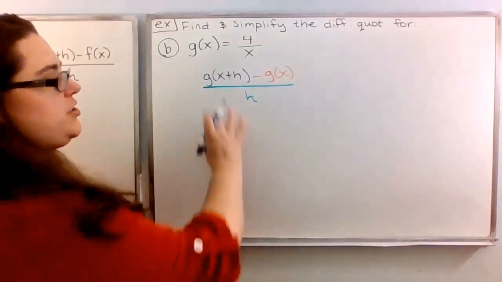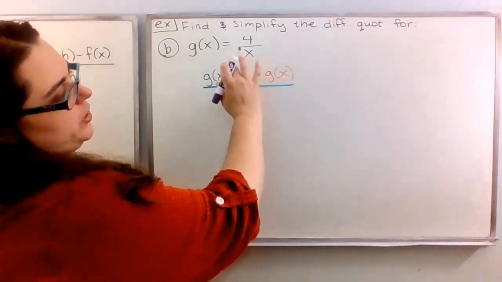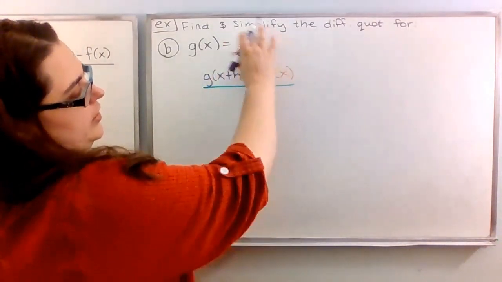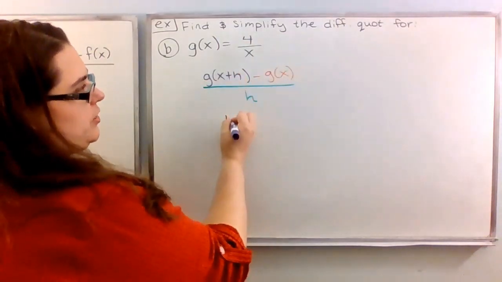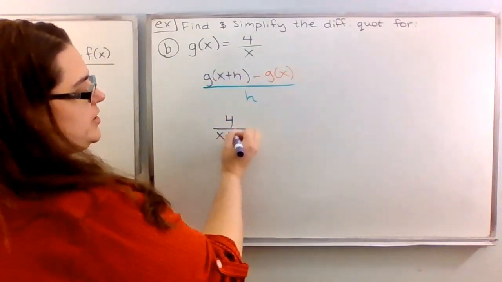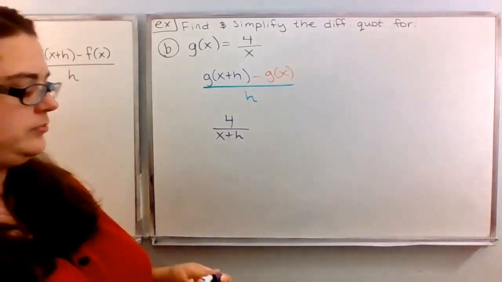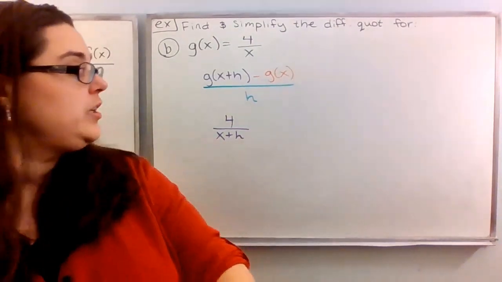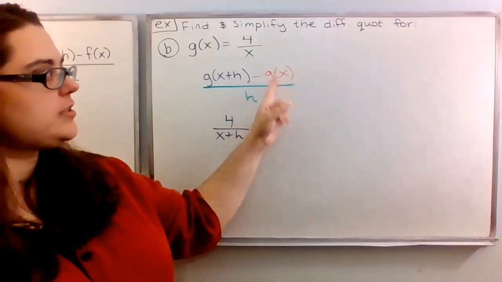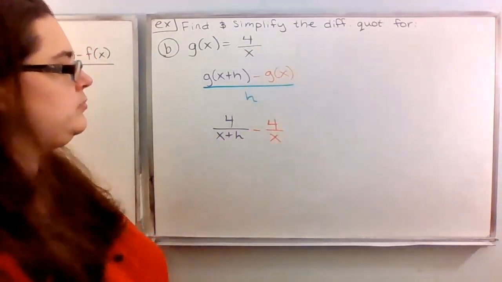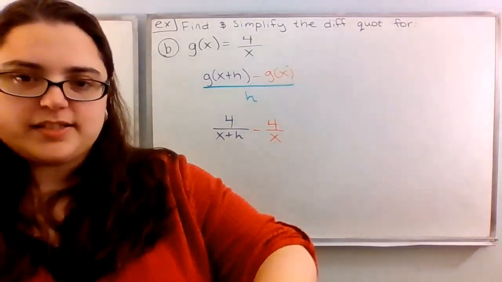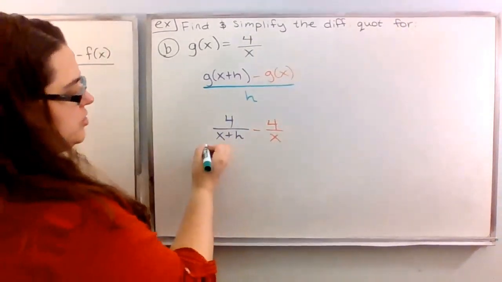Next, we need to find g of x plus h. So we're going to go into our function here, 4 over x, and we'll replace x with x plus h. So we start out with 4 over x plus h. Then we subtract g of x, which is 4 over x. And this is all divided by h.